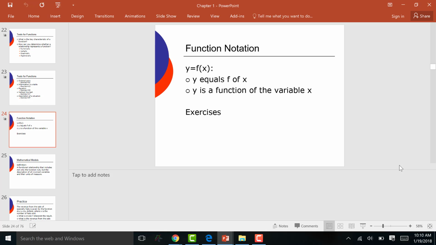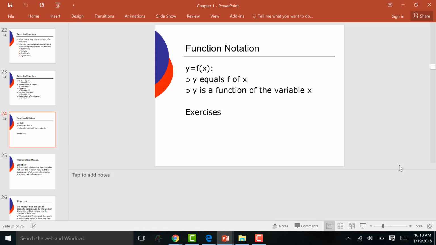All right, here's the next topic. F of x: you see y equals f parentheses x close parentheses. You read that just like bullet number 1 says: y equals f of x. In English, all this says is I can plug in a number, whatever number it is, in the place of this x, and I'm going to get a y out.